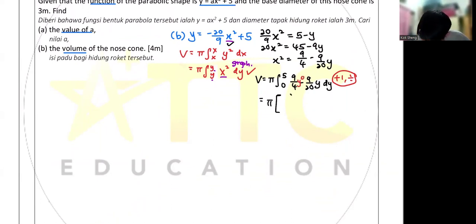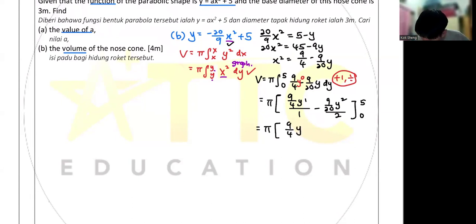We can plus 1, divide the new power. 9 over 4 divide 1, same. 9 over 20 divide by 2.